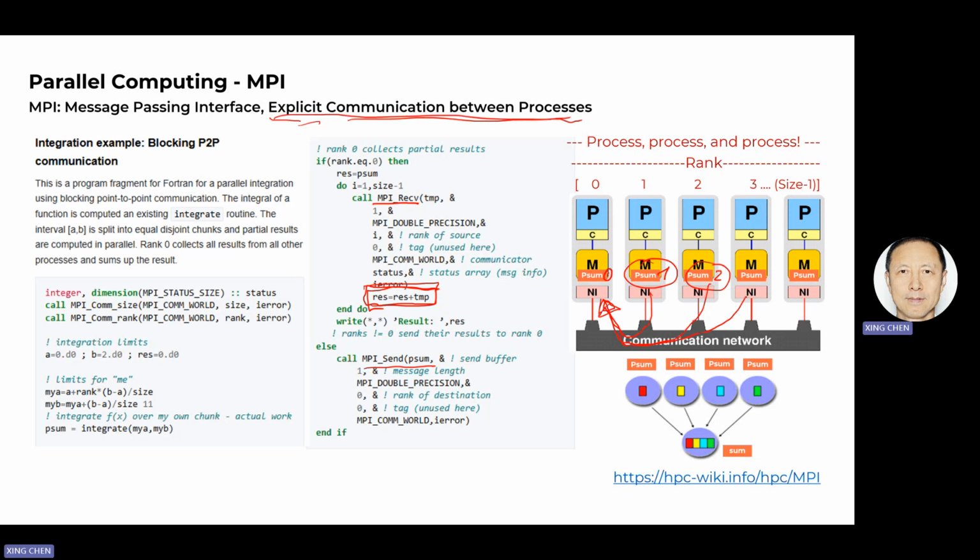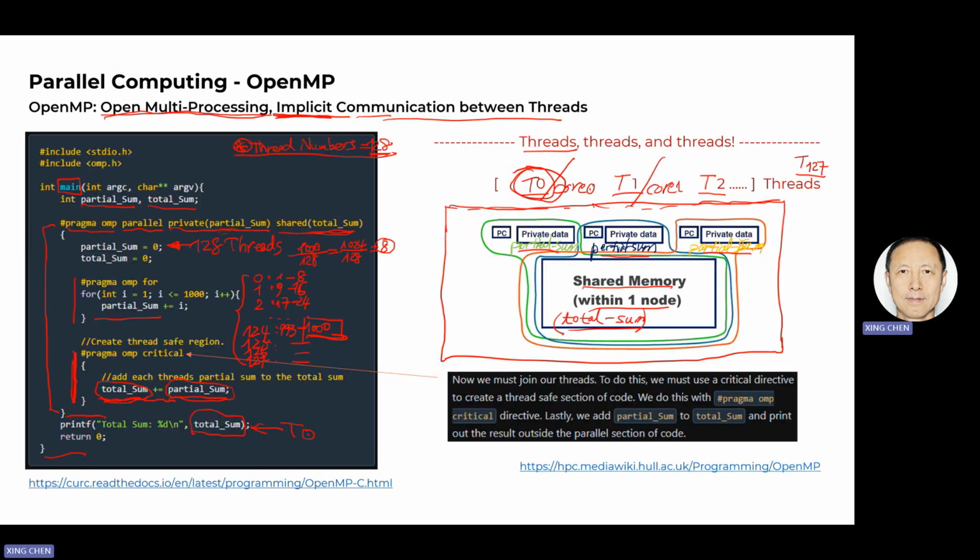It is explicit because the data has to be put onto the communication network for the receiver to receive. But here, there is still communication as long as you are doing parallel computing, as long as the workload has been shared. For OpenMP, we have implicit communication between threads.